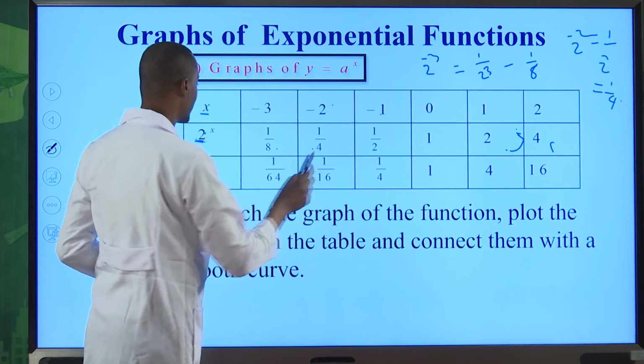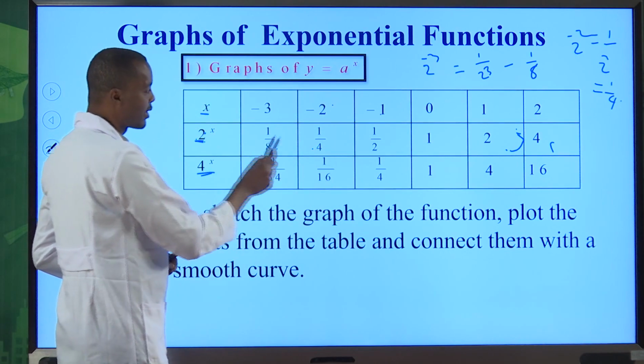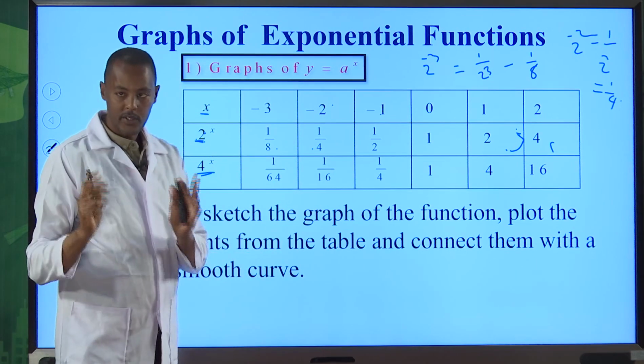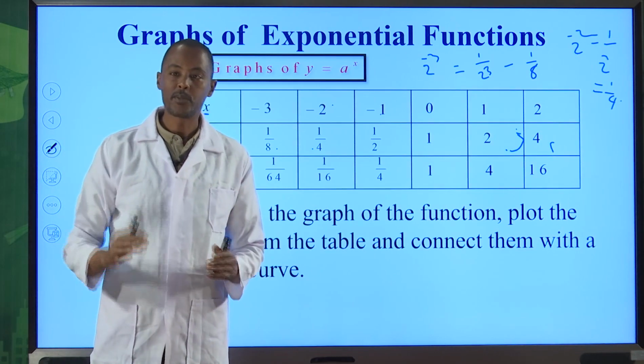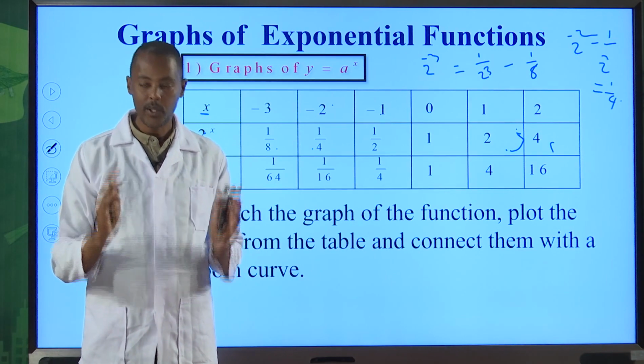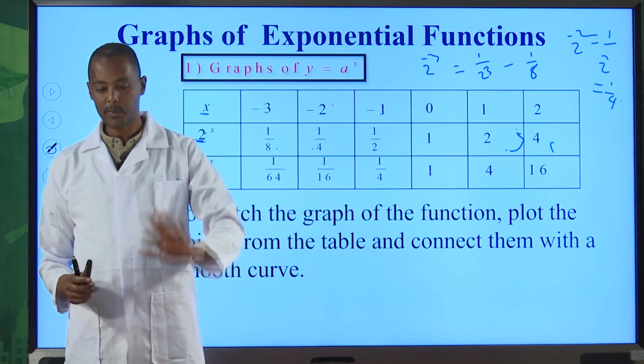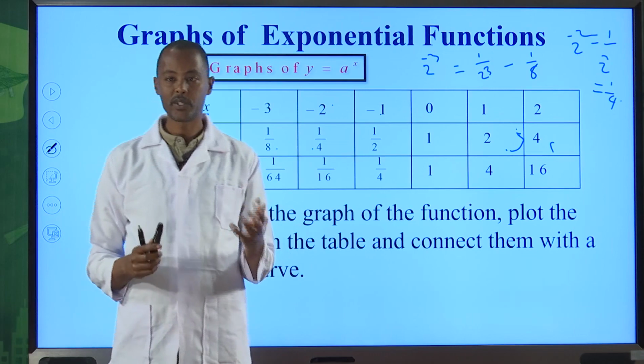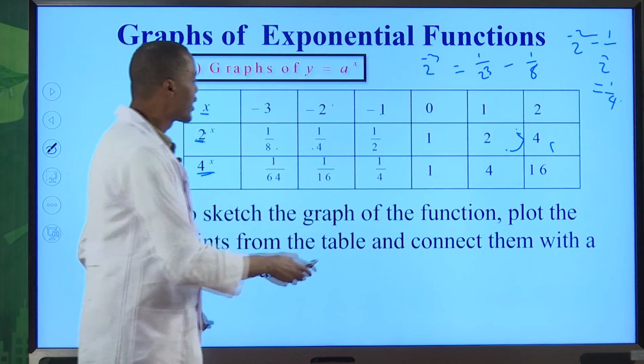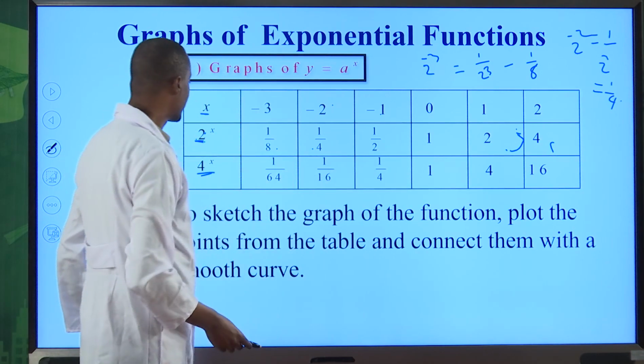If I substitute 0, 2 to the power of 0 is 1. Students, every number to the power of 0 is always equal to 1. For example, 100 to the power of 0, or 1 to the power of 0, or 2 to the power of 0, any number to the power of 0 equals 1, and that's why we write 1 there.